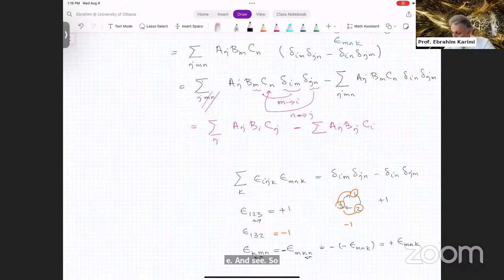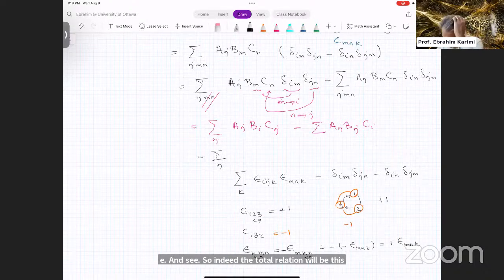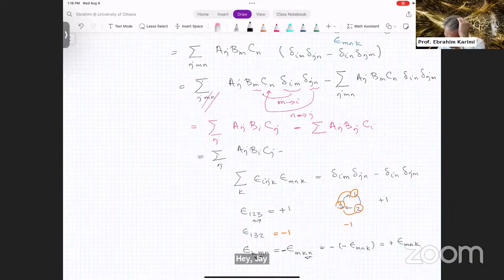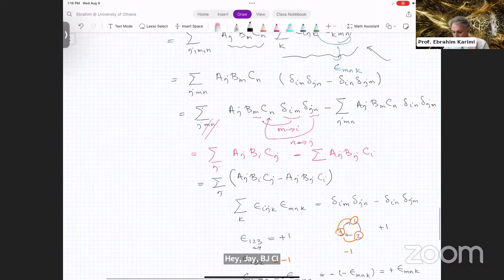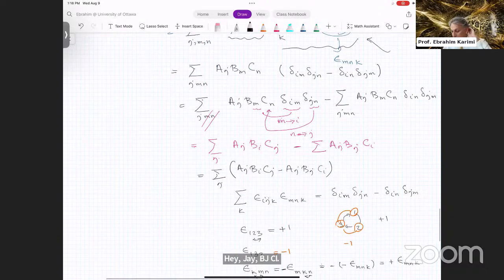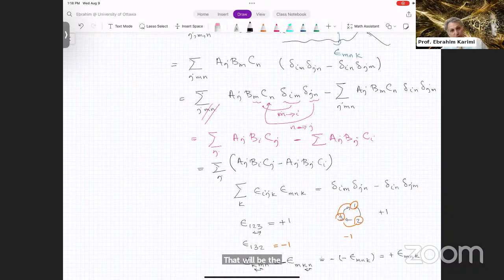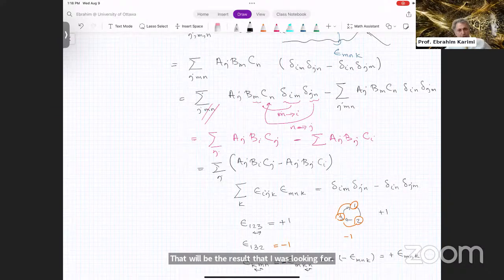So indeed, the total relation will be the summation on J, AJ, BI, CJ minus AJ, BJ, CI. That will be the result that I was looking for. So that's a relationship that we were expecting. Okay.